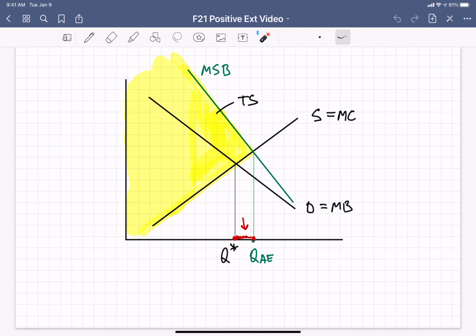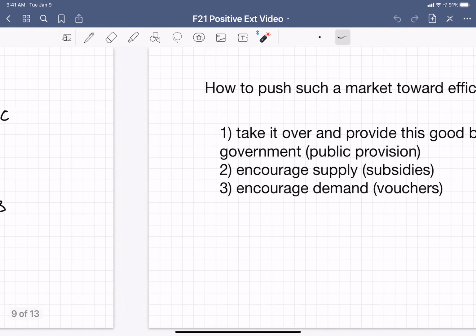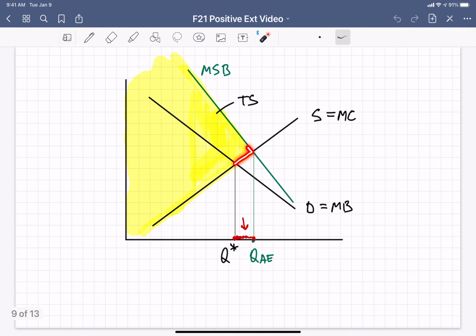And that results in deadweight loss. So this quantity is being underproduced, and that results in this area representing deadweight loss. All right, that's the source of inefficiency in the case of positive externality or external benefit.